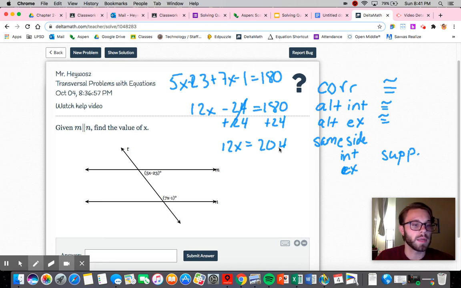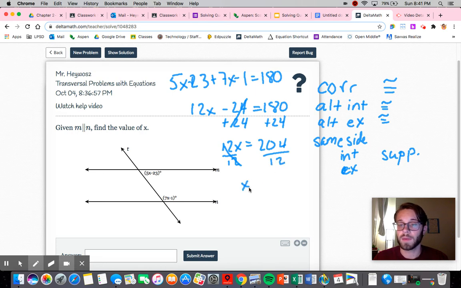Now what we need to do is 204 divided by 12. Let me just check quickly on my calculator so that we're all clear on that one. Yep.